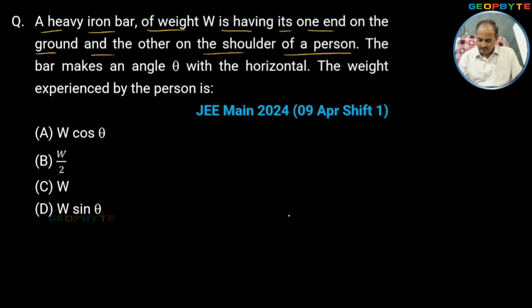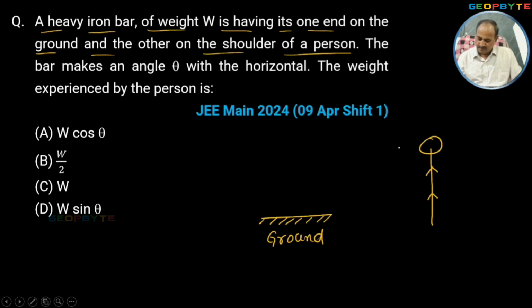So let this be the ground, and right on the shoulder of the person the other end is lying. It is like this. This is the iron bar, and this is the person.